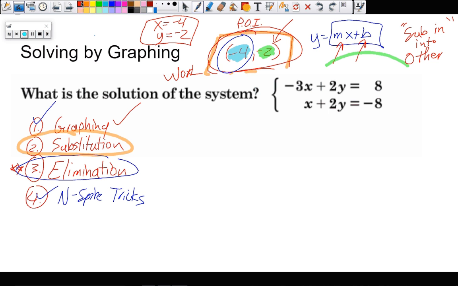So elimination. Now, if I ask you to eliminate 5, how do you eliminate 5? With a negative 5. So you're saying subtract. How else could you eliminate 5? Divide by 5.